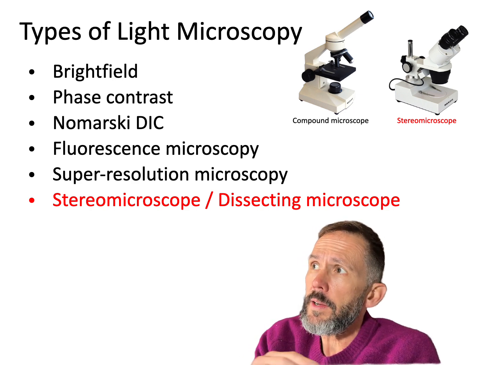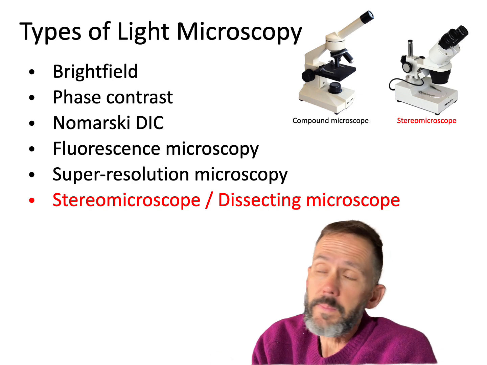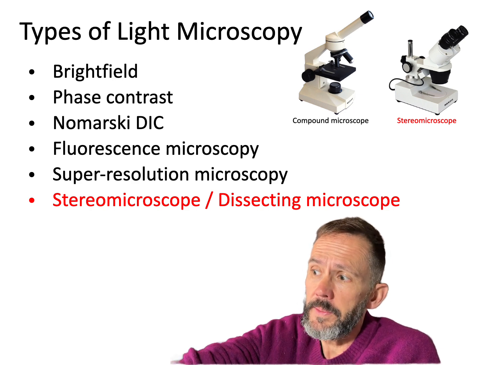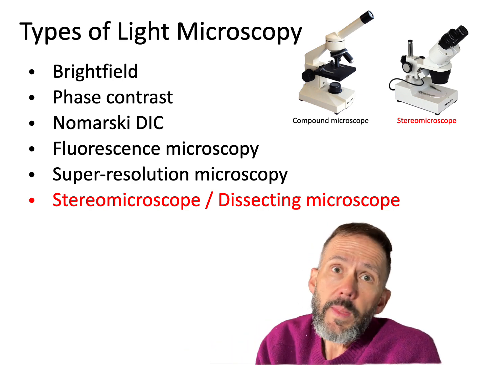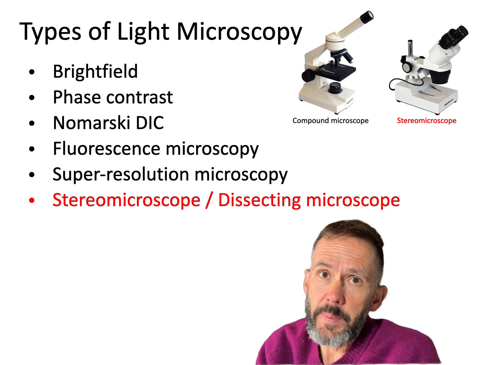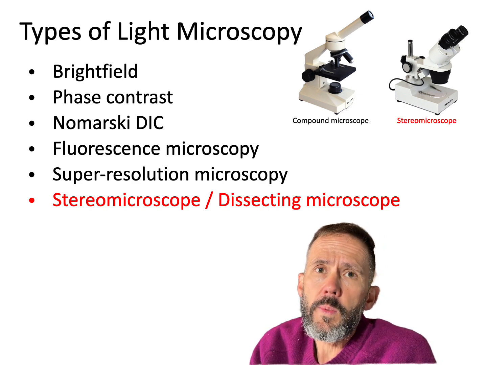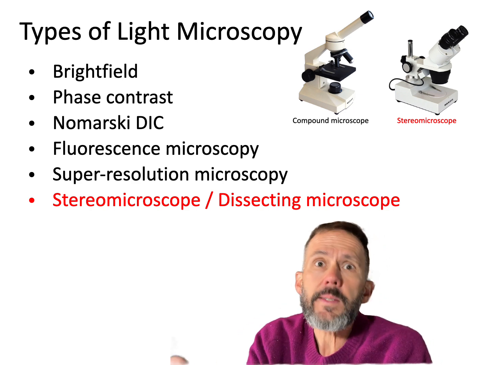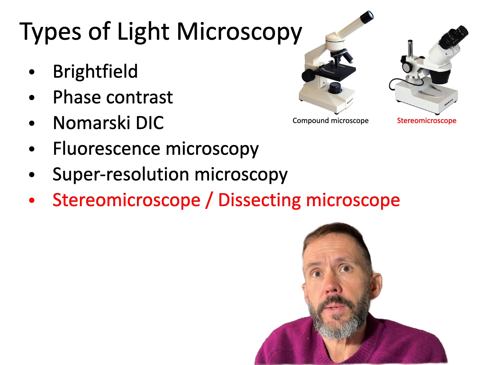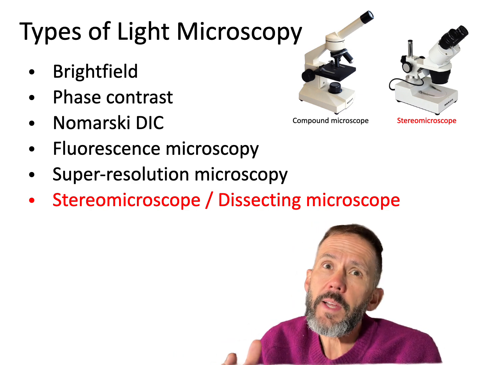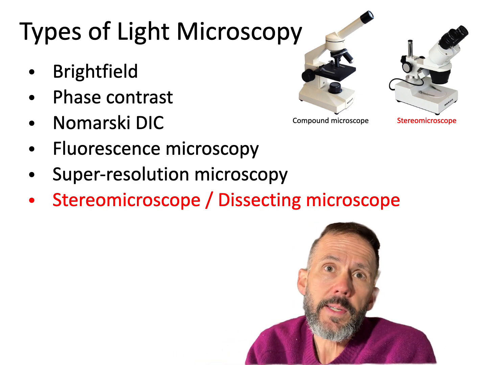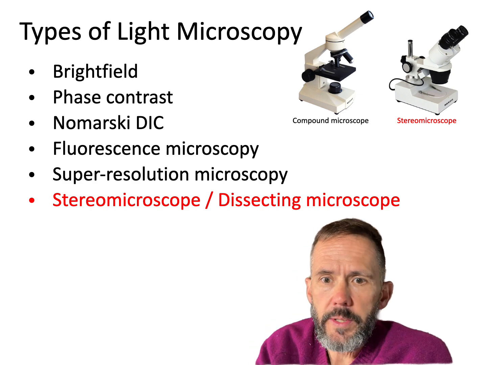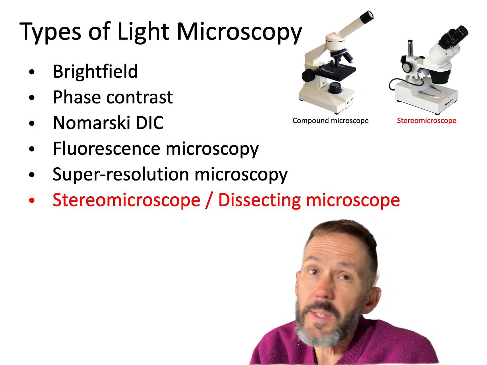But a lot of biological tissues and cells are transparent, and it's difficult to really see anything that's perfectly transparent, right? So one strategy is to apply stains. And the other one is to try to influence the path of light to bring out contrast where possible. That's what those different approaches will do, and we'll look at examples.